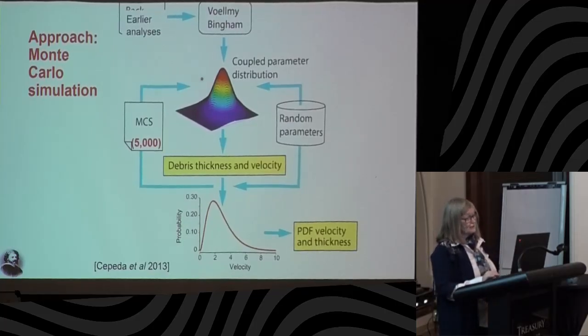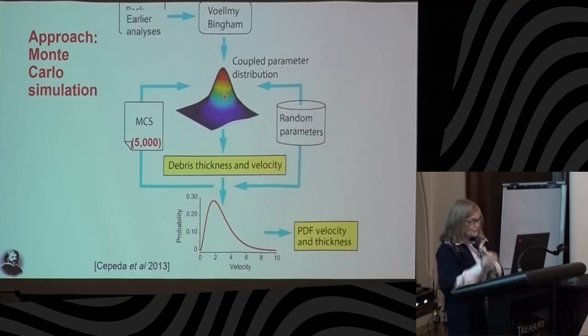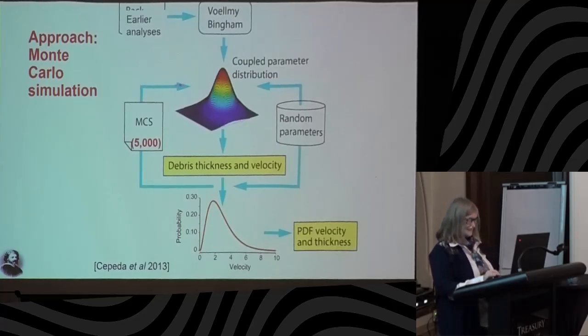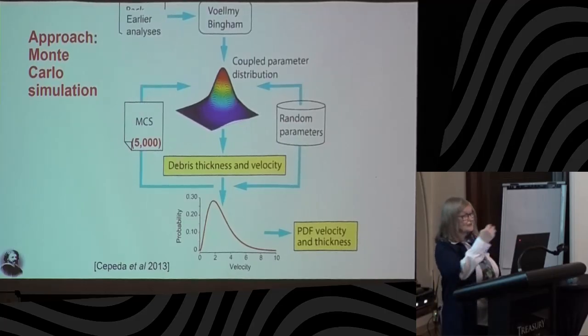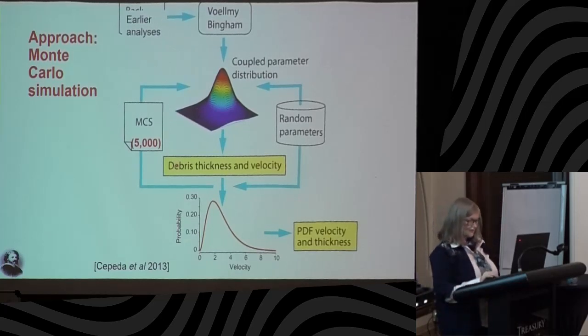And so we introduced each parameter as a random variable, and that also forms a funny looking surface in space. And then we did 5,000 Monte Carlo simulations, calculating the velocity of the material moving and the debris from the volume that comes from the catchment as it spreads down.